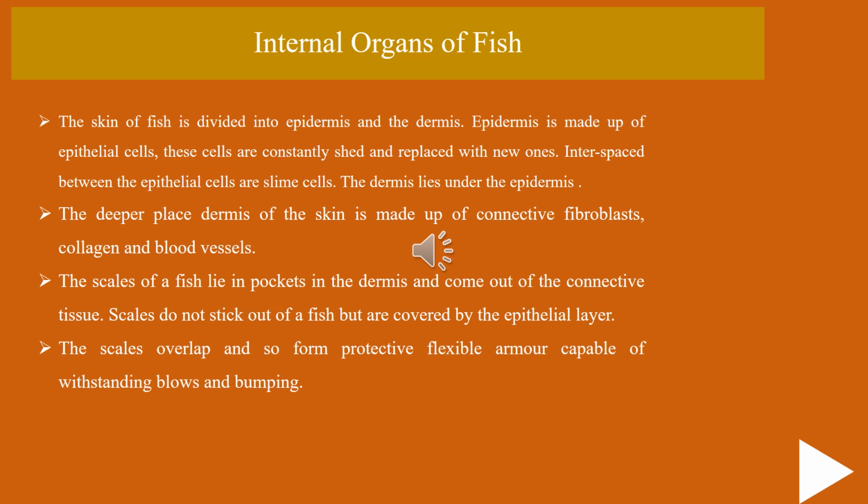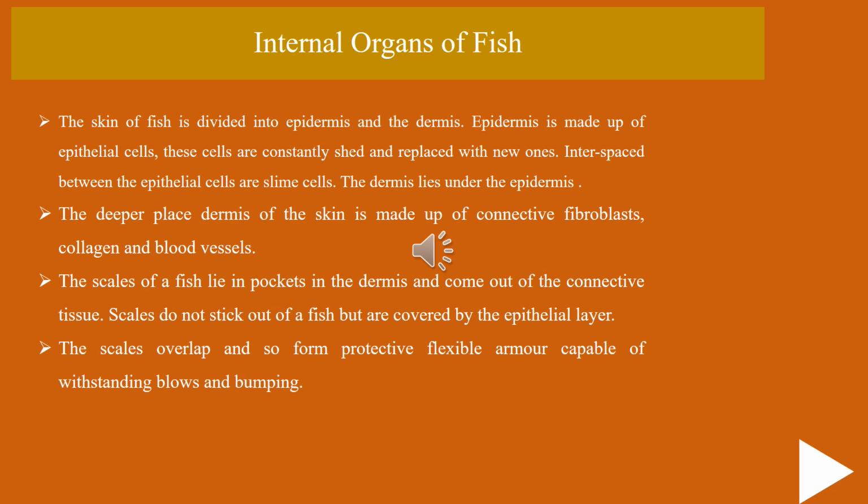The scales. The deeper placed dermis of the skin is made of connective fibroblasts, collagen, and blood vessels. The scales of a fish lie in pockets in the dermis and come out of the connective tissue.